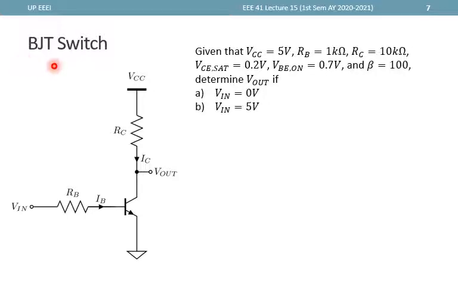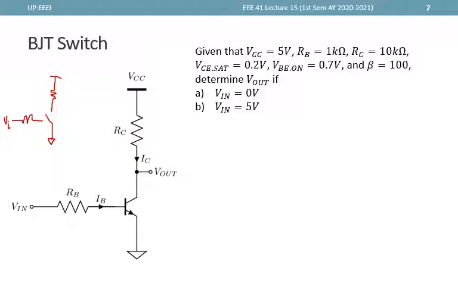First, we'll consider an application where the BJT is used as a switch. So we can model the usage of this BJT as some switch which shorts the path towards ground and is controlled by some input voltage.